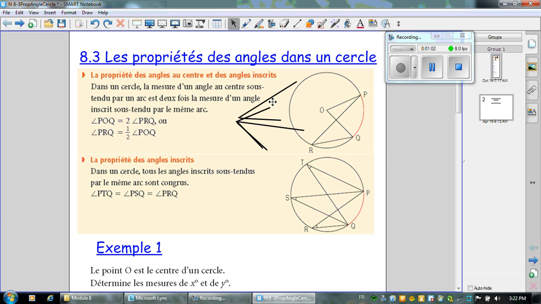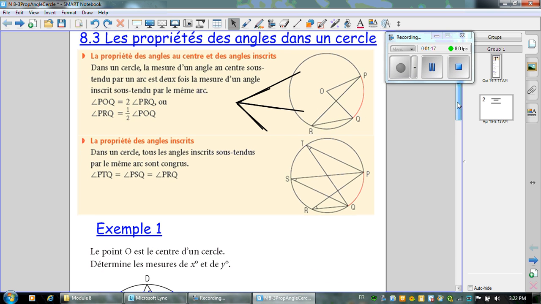See? So those two angles together, so the angle in the center is exactly double the angles that I inscribed if they have the same starting point, the same ending point.